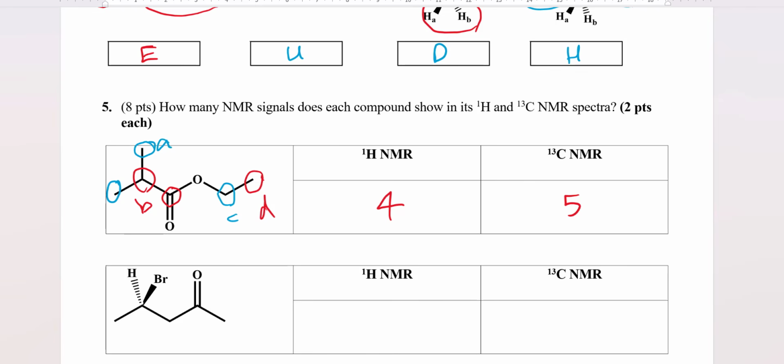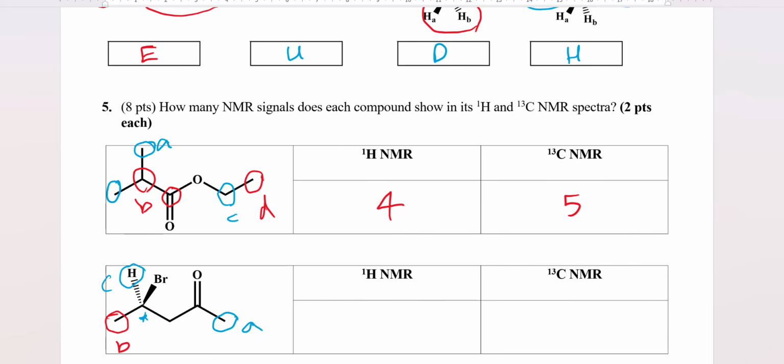For the second one, it's a little different. This is one type of hydrogen, methyl. This methyl also is one type of hydrogen. So let's call them A, B, this hydrogen, C, but we have a chiral center.